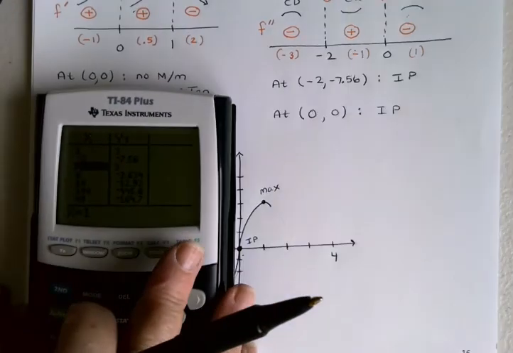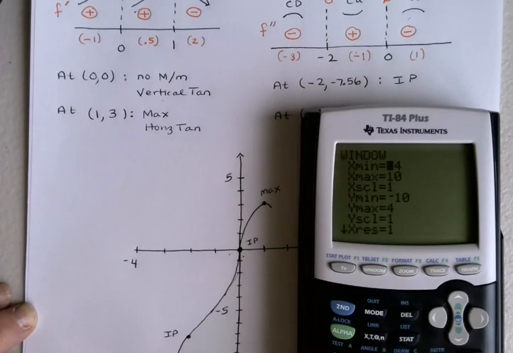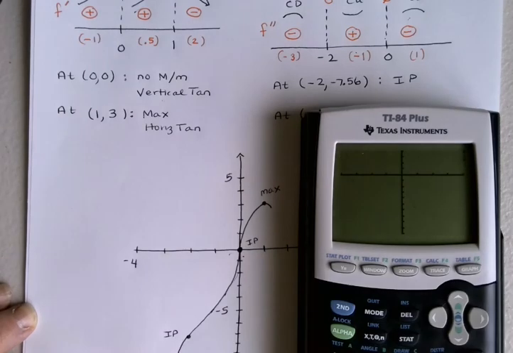Let's just finish this one out by taking a look at the calculator graph. Let's see, -4 to 4 should be plenty for x, and -10 to 4 should be fine for y. It looks like I'm going to cross right around that 4 or so when I come down off the maximum, but notice there it is.